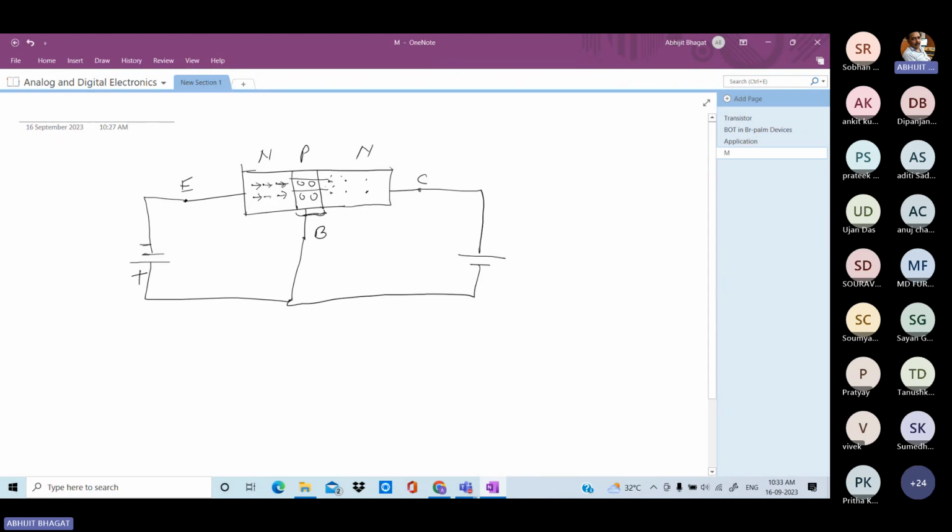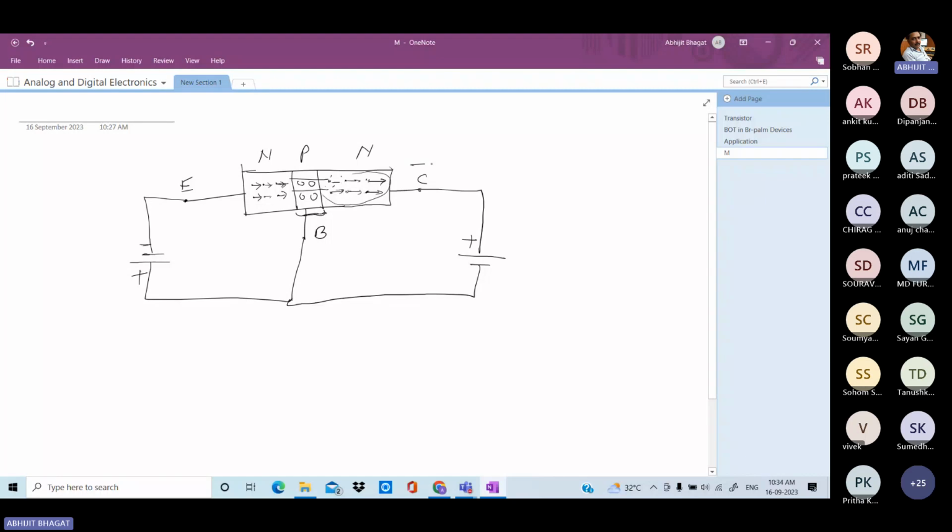And in this region, you can see electrons are there, and this terminal is positively charged. So these electrons are moving this side. Electrons were already there, but due to this emitter base forward bias, some more electrons also come from the emitter region to the collector region. So the number of charge carriers, the number of electrons in this region, is increased.